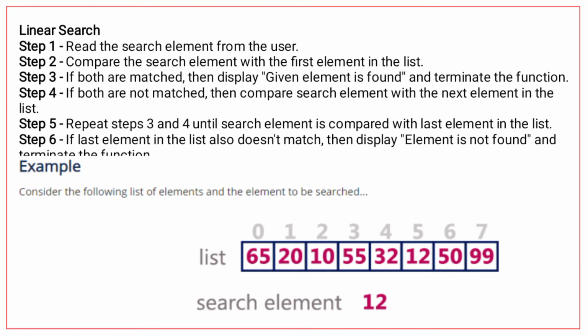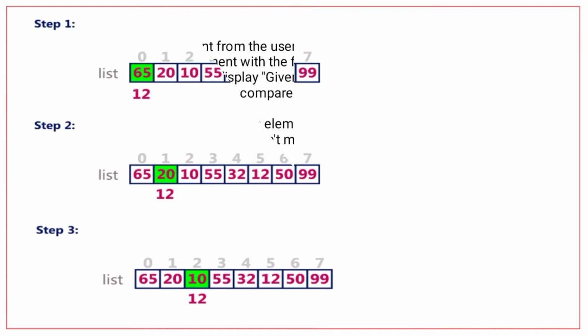Consider the following list of elements and the element to be searched. List of elements are 65, 20, 10, 55, 32, 12, 50 and 99, and the search element is 12. Step 1, search element 12 is compared with the first element 65.